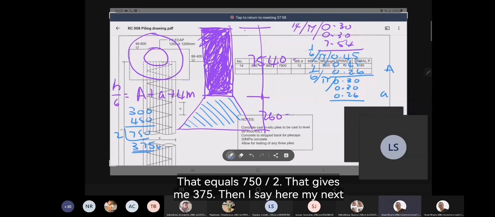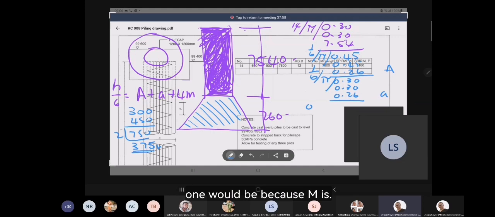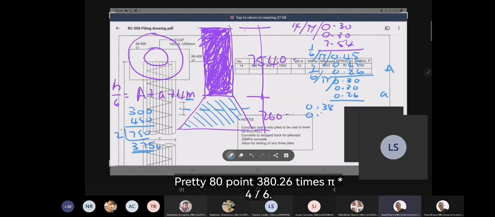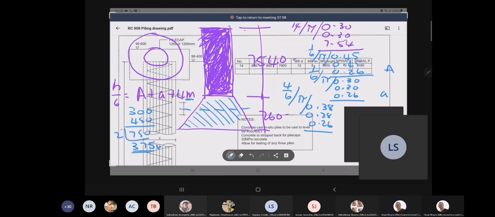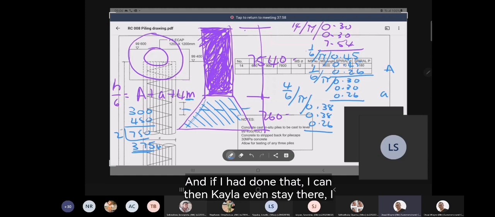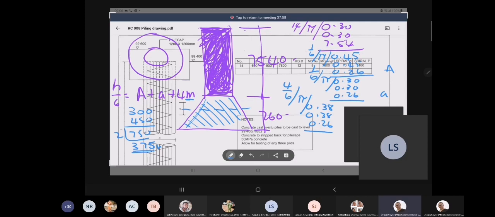Then my next one would be, because M is over there, 0.38, 0.26 times 5 times 4 over 6. And if I've done that, I have also measured.